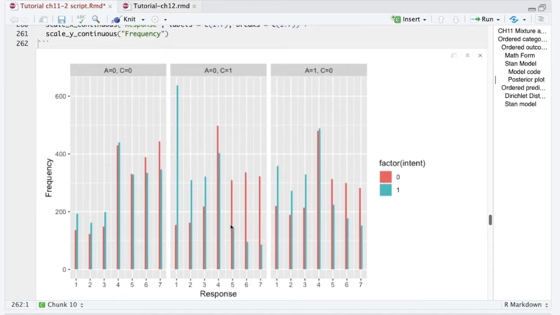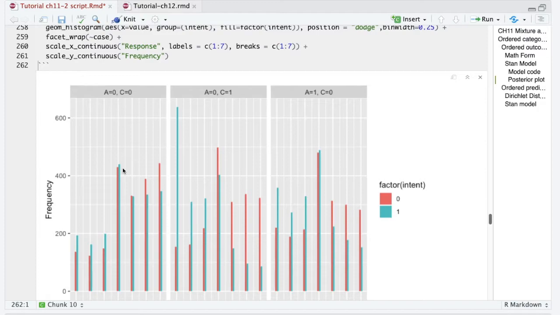And what are the stories behind this plot? You can look at this plot from many aspects. And the simplest one you can notice is that there are more blue counts in the lower levels. And if we have intention and contact at the same time, we have the highest blue counts.